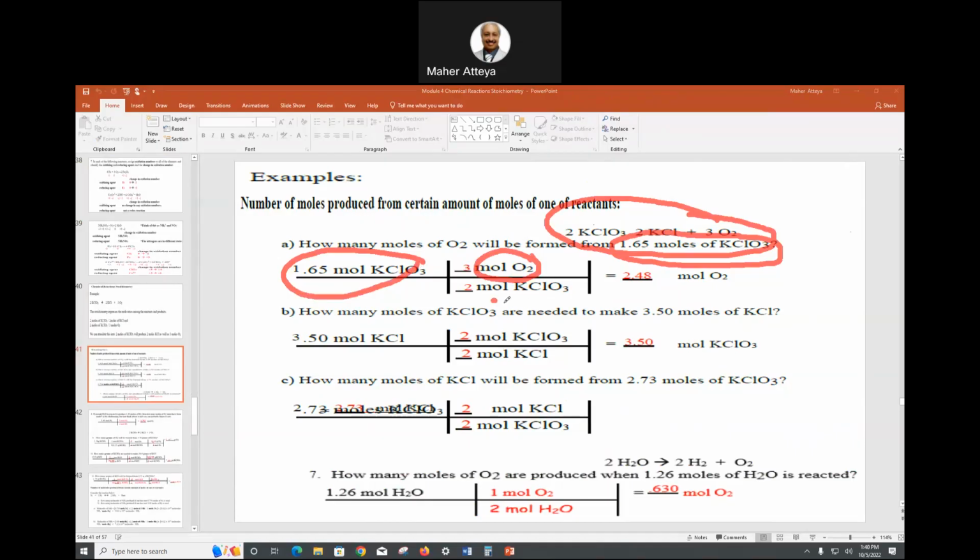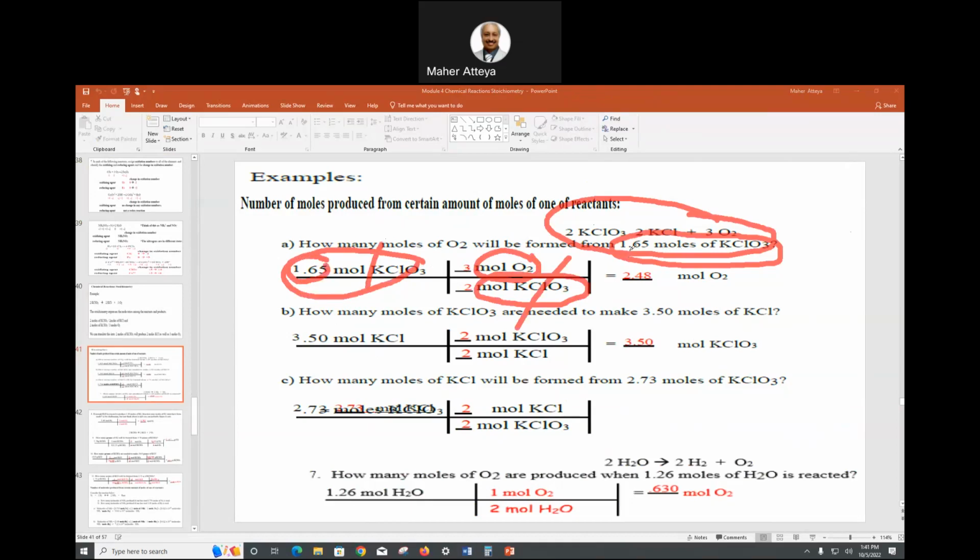Then the bottom has to cancel itself out. I have to put it in the bottom here, to cancel with the moles, not the value, correct? Not the value, but the moles. So then I have 1.65 multiplied by 3.